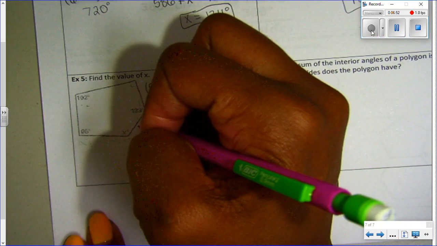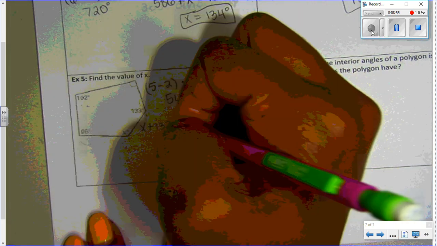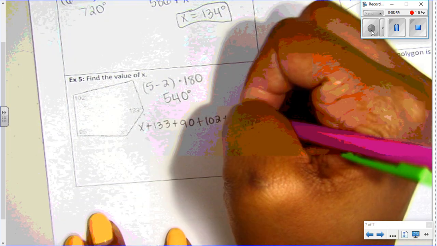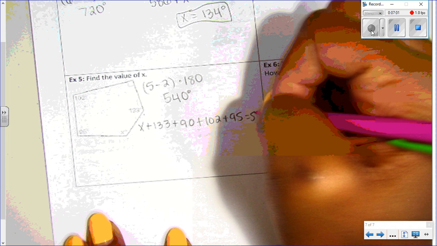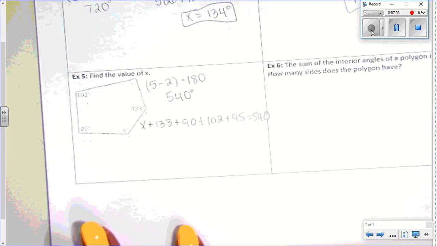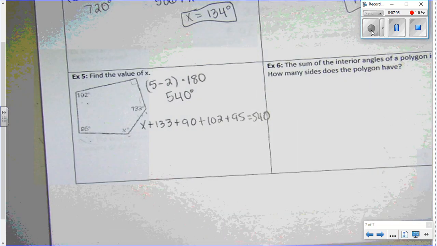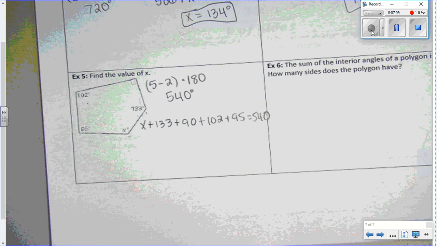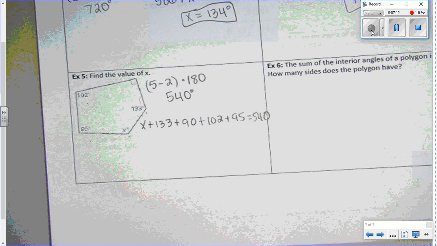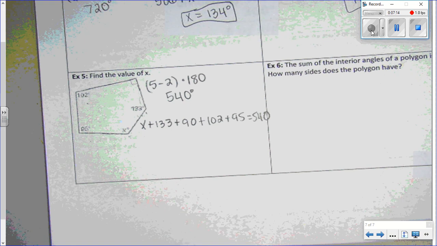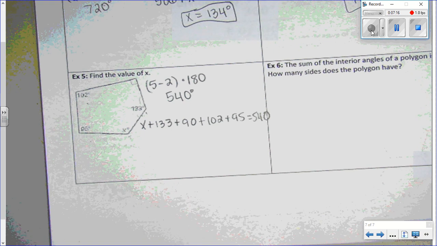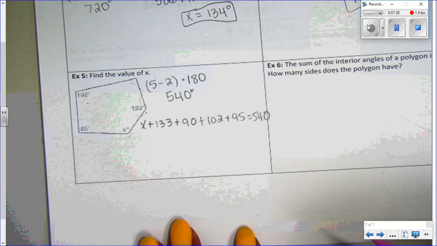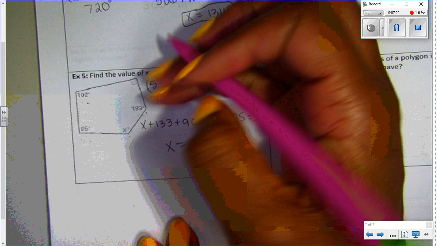So we can do x plus 133 plus 90 plus 102 plus 95, and they have to add up to 540. So now let's figure out what that should be. Everybody, calculators, figure it out. So we go through and solve this, and now we know that x is 120 degrees.